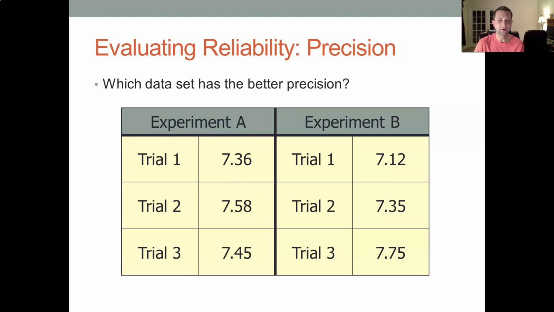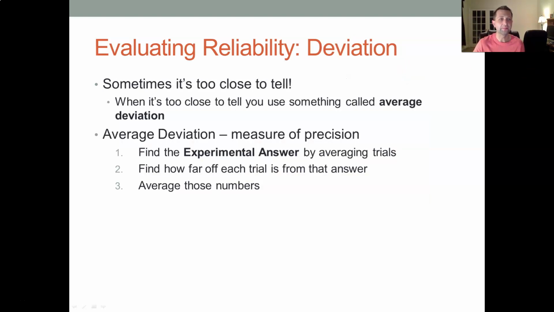Okay, so if you're taking a look at these, experiment A versus experiment B, trial 1, 2, and 3, you have a range here of 7.36 through 7.58. And for experiment B, you're going from 7.12 with your lowest value, and your highest value is 7.75. So I'd say experiment A definitely has the better precision. It has a smaller range of data compared to experiment B. All right, so that's pretty easy to look at and figure out.